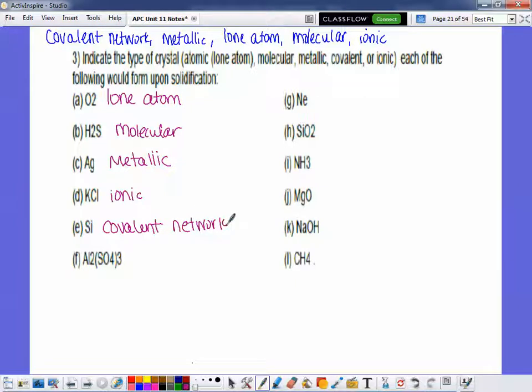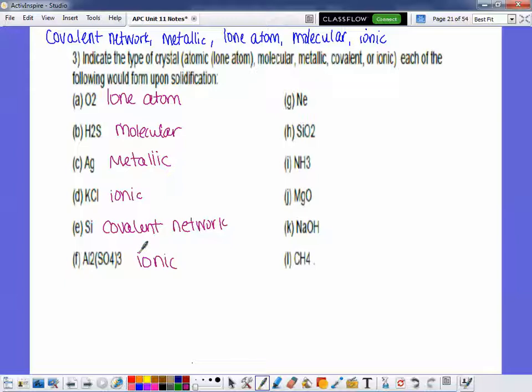For those of you that don't get it, now it means yes. Before it just meant if. All right. Al2(SO4)3. Neon.